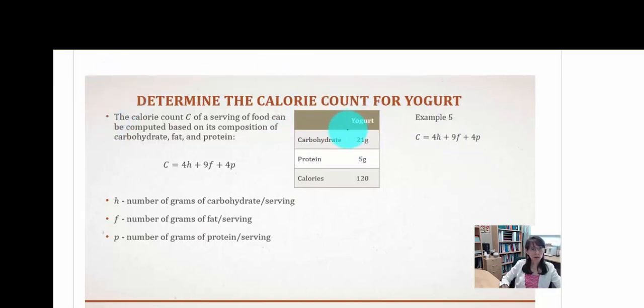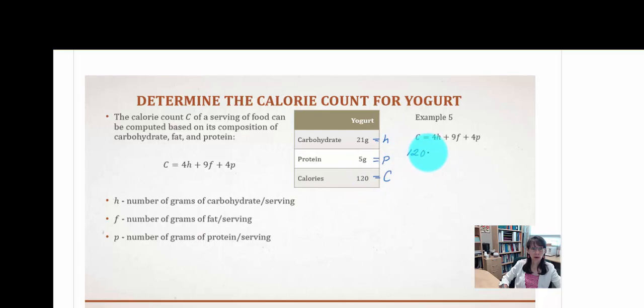So we're going to substitute 21 grams for H. Protein, 5 grams, so that is actually telling us what to substitute for P. And calories are 120. So we know the calories, or C, will be substituted with 120.